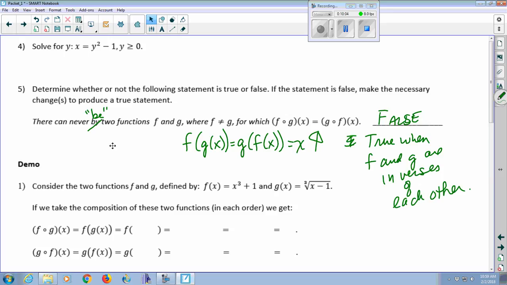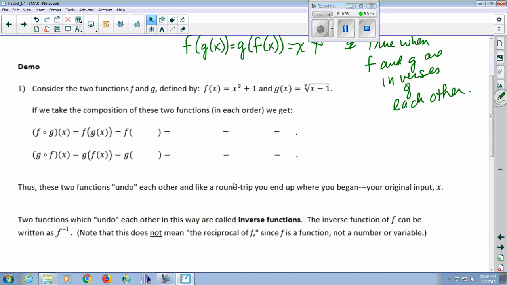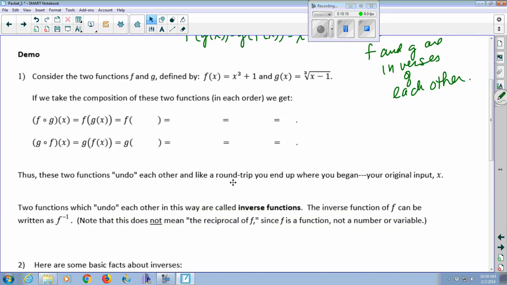All right, so let's take a look in more detail at inverses and do a little work with them for those of you it's been a while since you've had inverses. So here are two functions. f of x equals x cubed plus 1, and g of x equals the cube root of x minus 1.